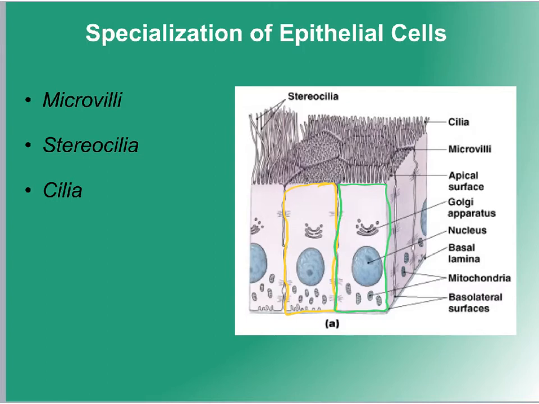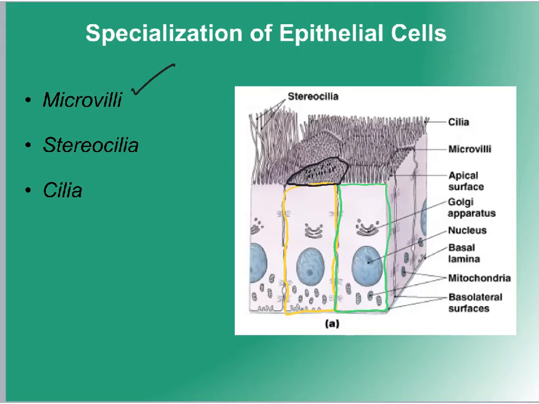So let's look at the shortest of these little projections first. On this cell right here, you see really tiny projections all over, almost like little goosebumps. Those are called microvilli, this first one.